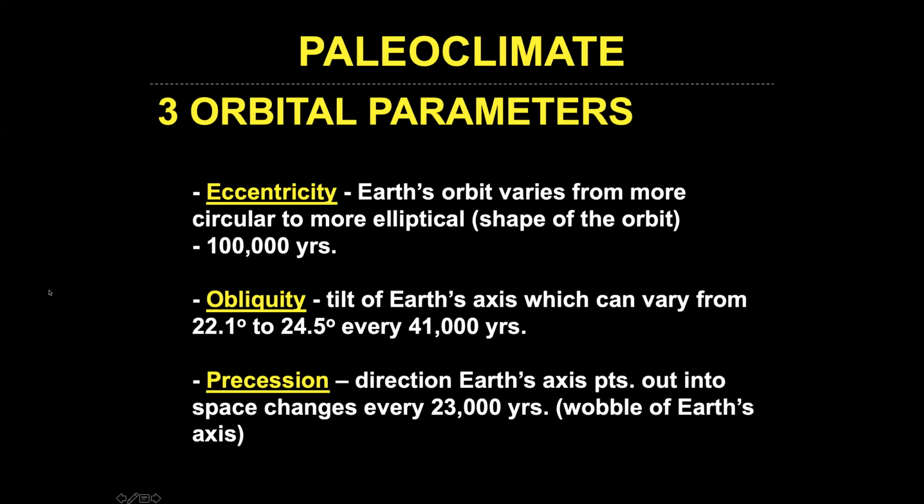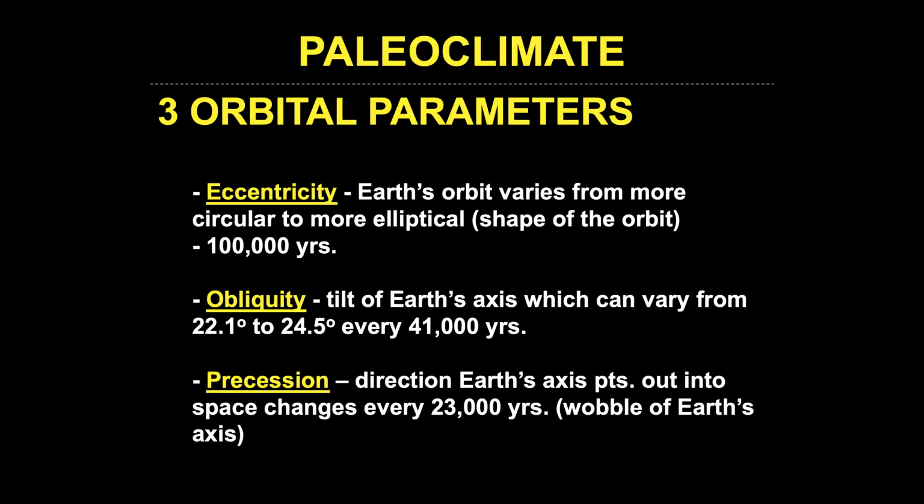Now, the next one is obliquity, and that is the tilt of the Earth. The tilt of the Earth is about 23.5 degrees right now, but it can vary every 41,000 years between 22 and 24.5 degrees. That makes a difference in how the seasons progress. The last one is called precession, and precession is the direction that the Earth's axis points. Right now it points towards Polaris, known as the North Star, but oftentimes that begins to wobble.